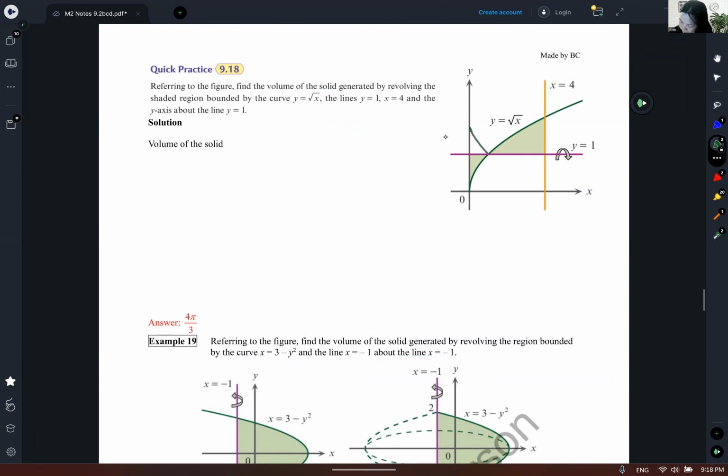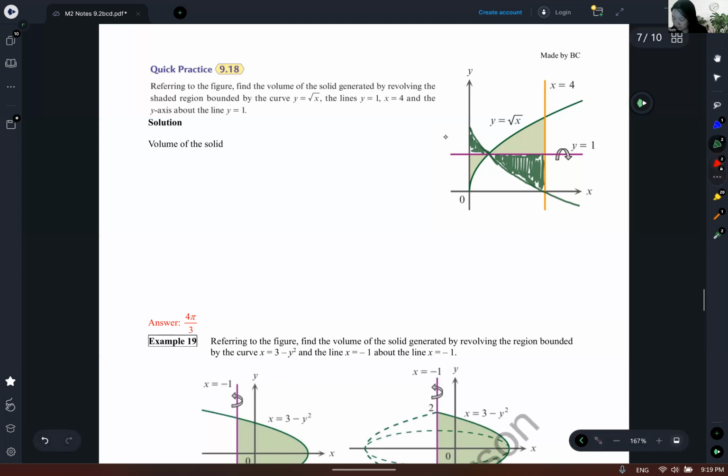But anyway, this is the shape. Okay, do I need the boundary? I do.